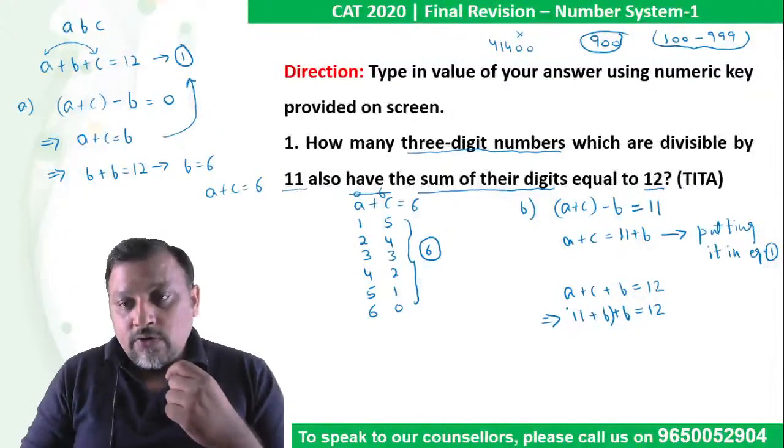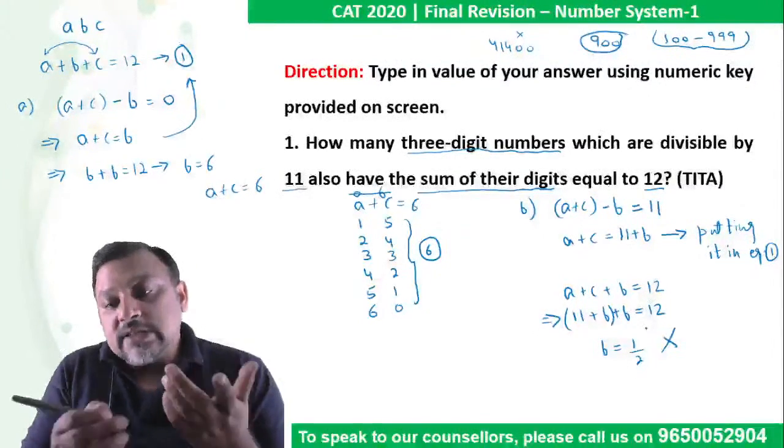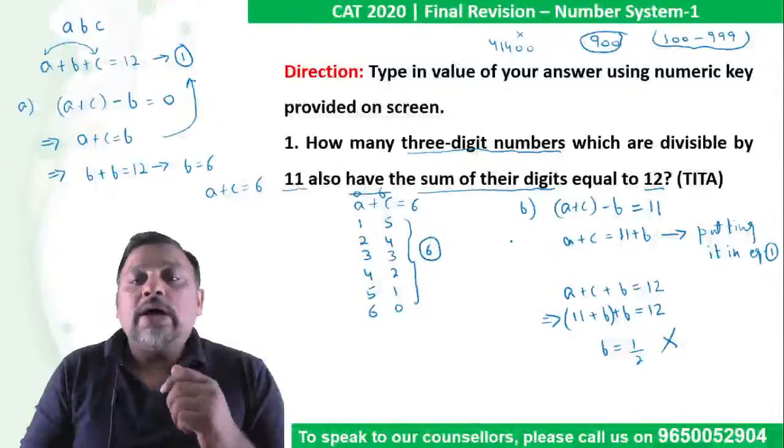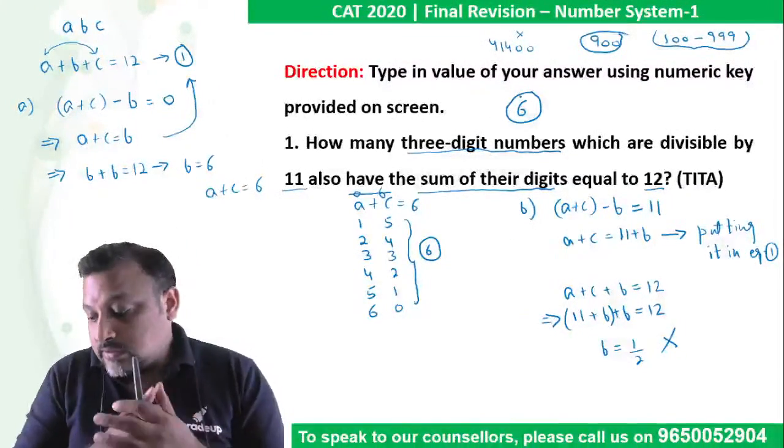From here, I'll get B as 1 by 2, which is not possible since B is a digit. So the answer is 6. I'll get only 6 such numbers.